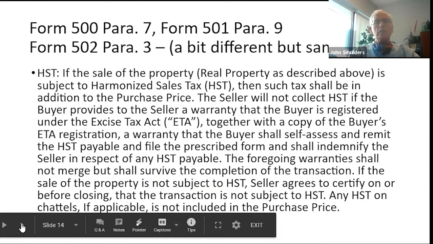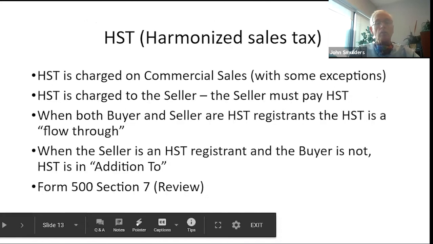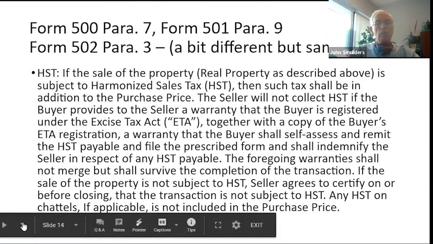But it is already in the pre-printed portion of the agreements of purchase and sale about HST. There is no spot like on a residential agreement that talks about in addition to or included in. It is here already. And what I have just talked to you about here, about flow through, is all here.